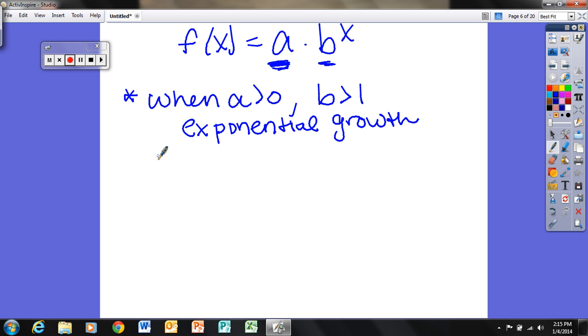Going along with that, our b value, whatever that b value happens to be, is called the growth factor.